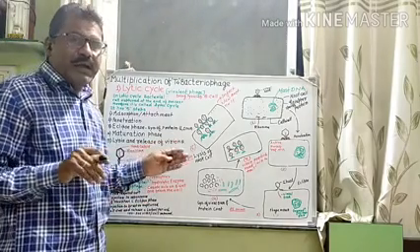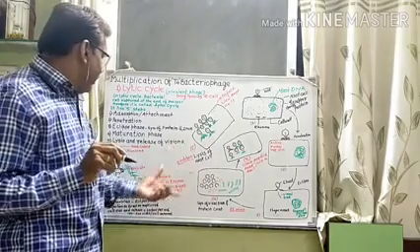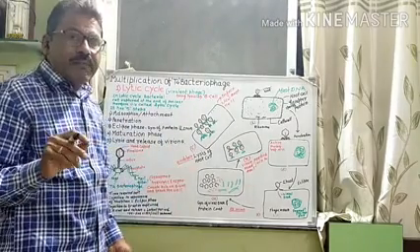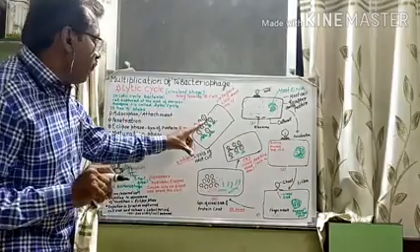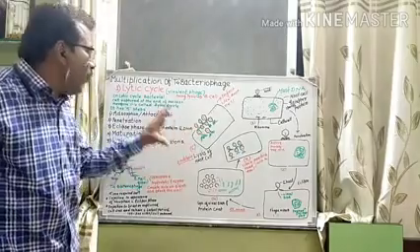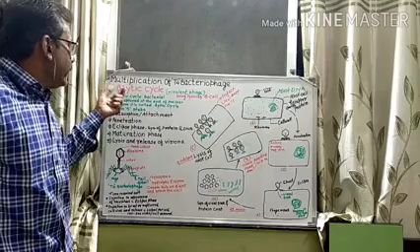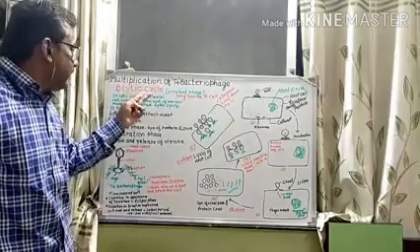So I hope that you understand all these points, and contact me if you have any difficulty. This is a very important topic from the examination point of view, that is multiplication of bacteriophages, the lytic cycle.